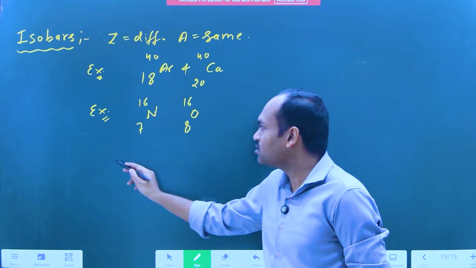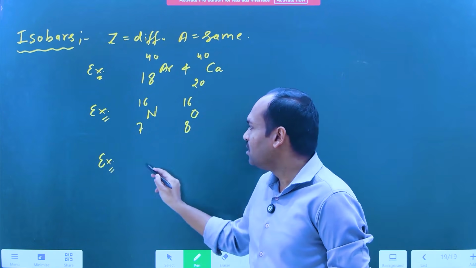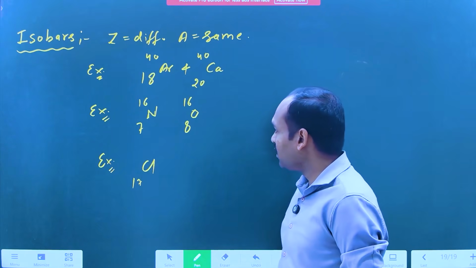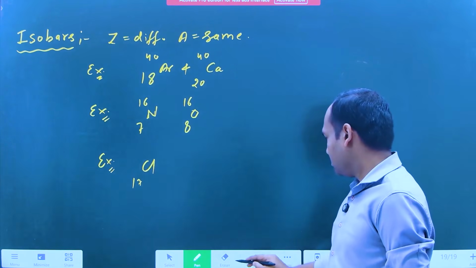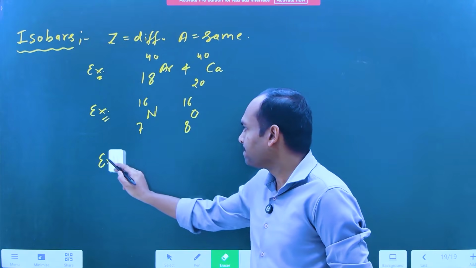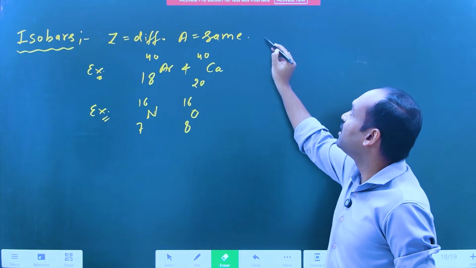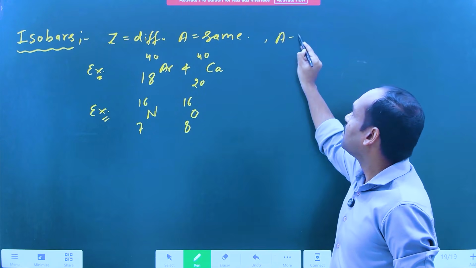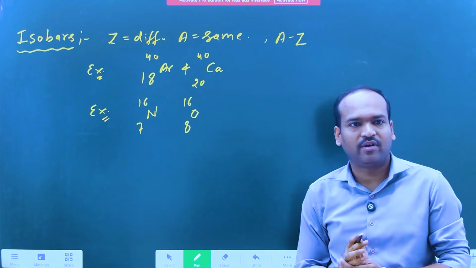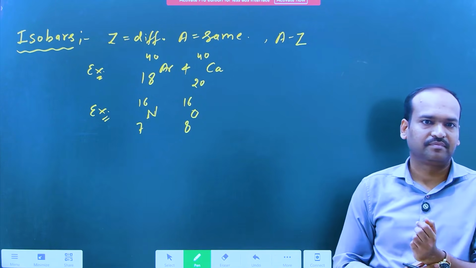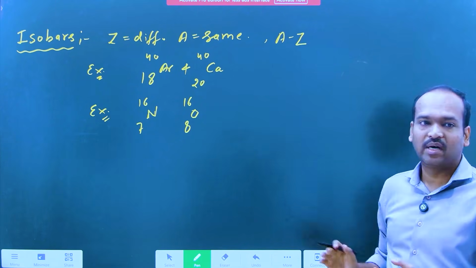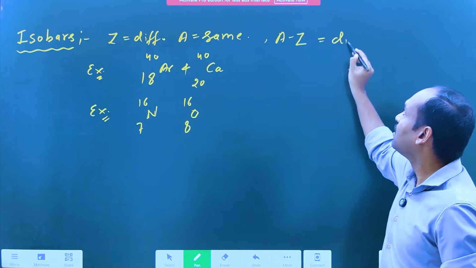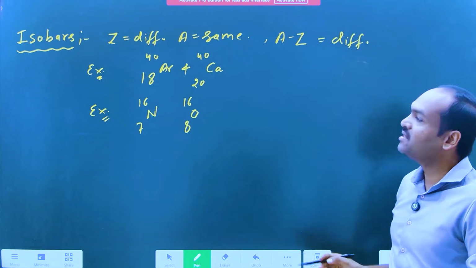Chlorine also has atomic number 17. Can you tell me, is A minus Z the same or different? For isobars, A minus Z is also different.